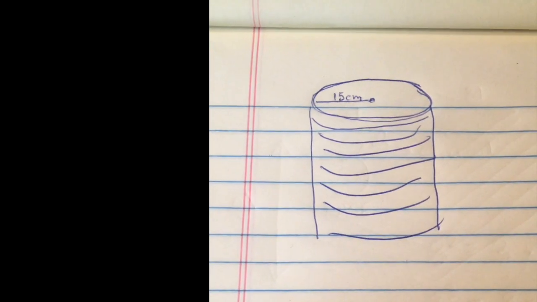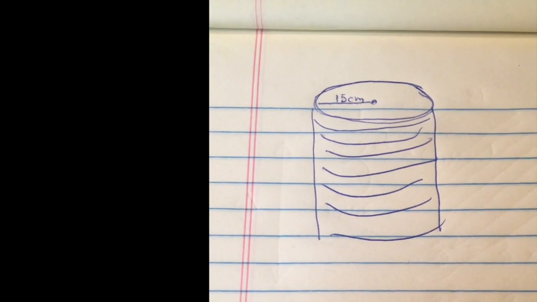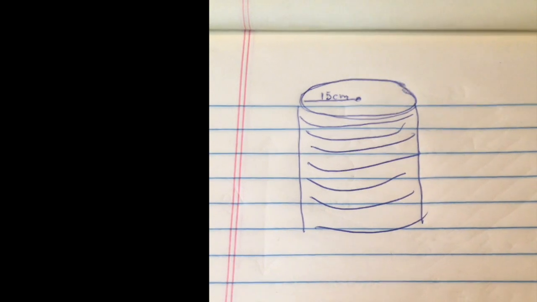And when we stack these, it's going to make a very, very similar shape in our brains, known as the cylinder.